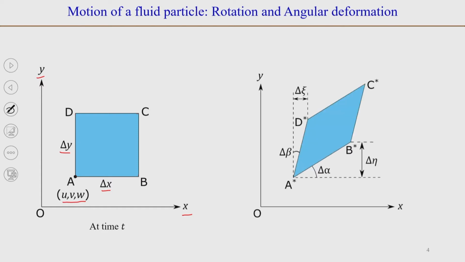At time t plus delta t, this fluid element undergoes rotation as well as angular deformation, and it deforms. The corners A, B, C and D move to locations A star, B star, C star and D star respectively.